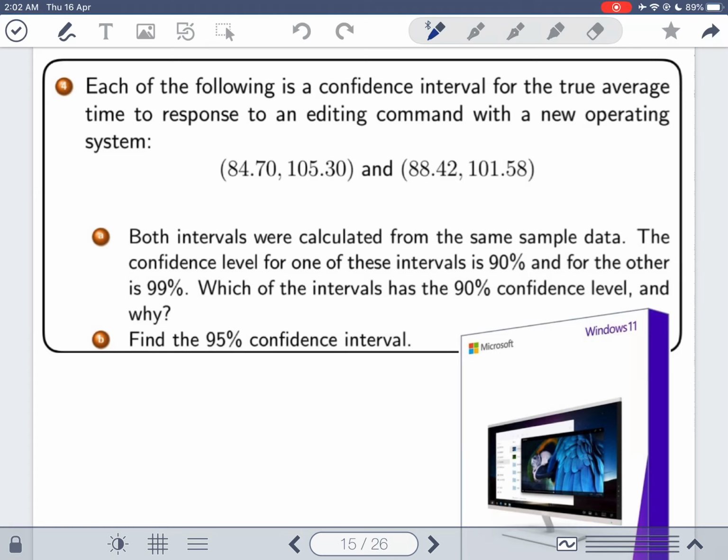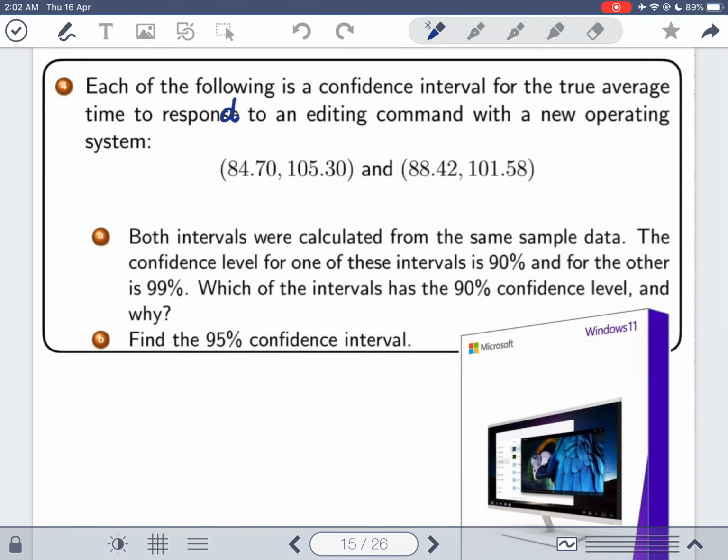So let's now look at the second question, which is problem number 4 from the first lecture on confidence intervals when sigma is known. It says that each of the following is a confidence interval for the true average time to respond, or the average response time to an editing command with a new operating system.